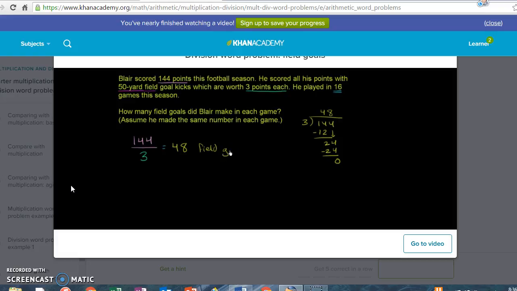Now, we still haven't answered the question. How many did he make in each game? And we're assuming it's the same number in each game. So this is a total number across 16 games. To find out the average he makes in each game, we divide this by 16. So let's take 48 total field goals divided by 16 games. 48 divided by 16 is 3.